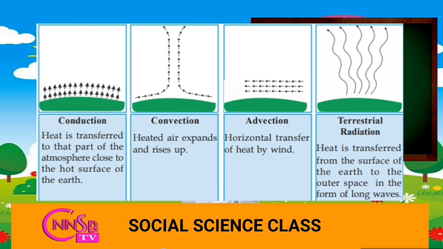Next one is terrestrial radiation. Heat is transferred from the surface of the earth to the outer space in the form of long waves, called terrestrial radiation. These are the four processes of heat transfer in the atmosphere.